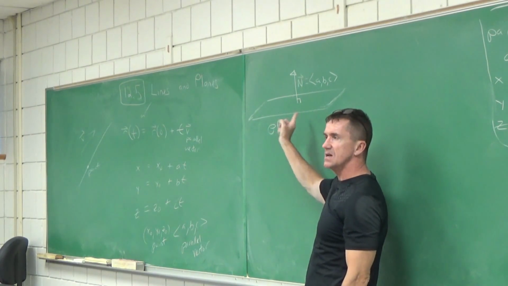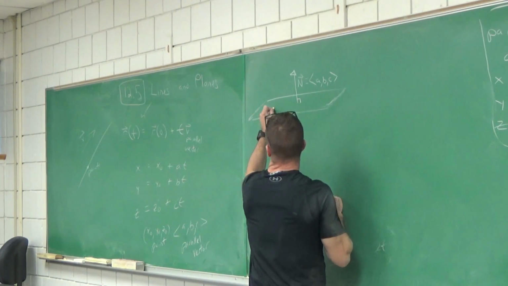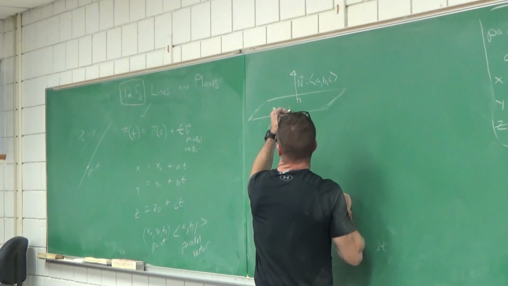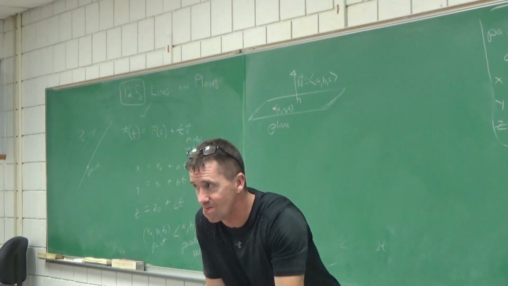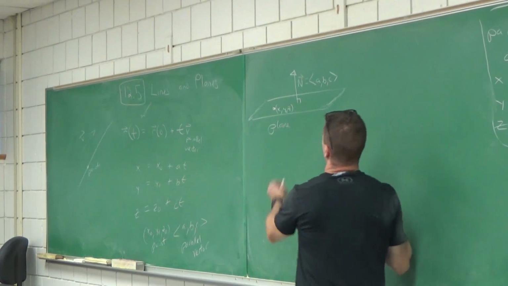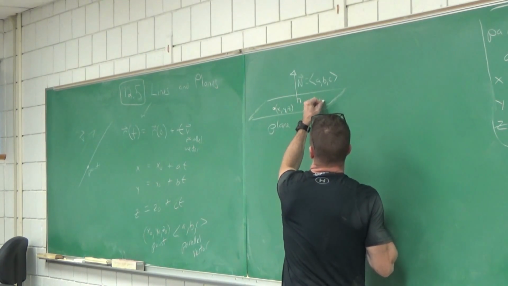And I'm just going to stick 2 points in this plane. Here's a point. How about x, y, z? Will that work? Sure, there's a point in the plane. So we're deriving the equation of a plane. I'm just going to pick another point that's sitting in that plane. How about x naught, y naught, z naught?